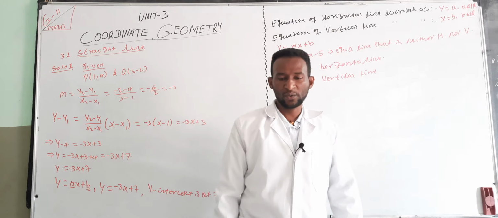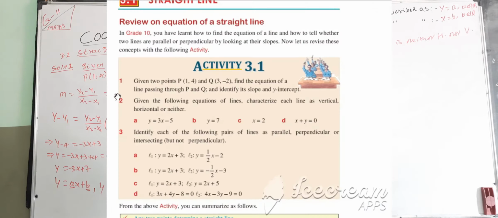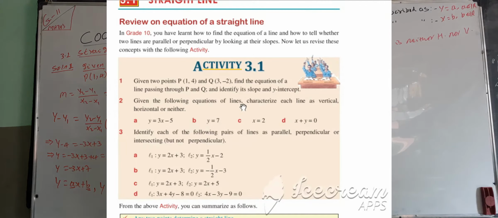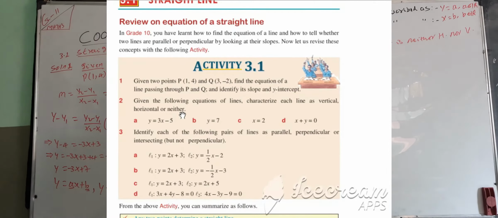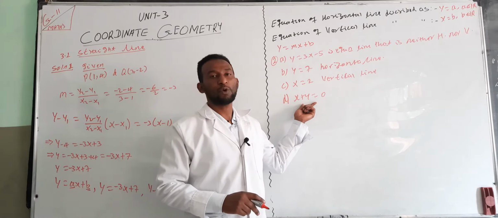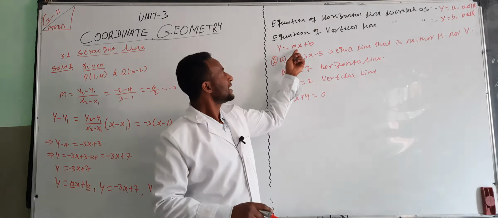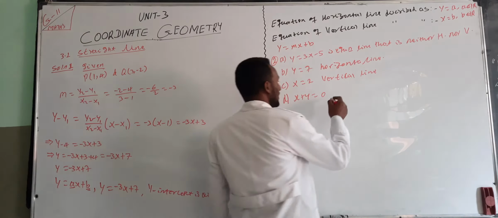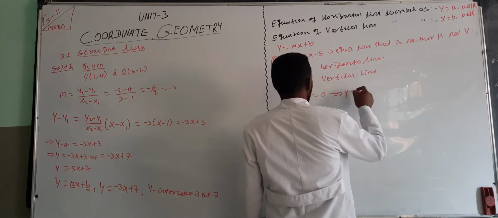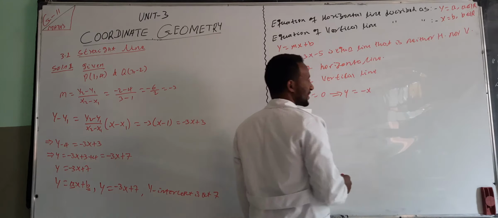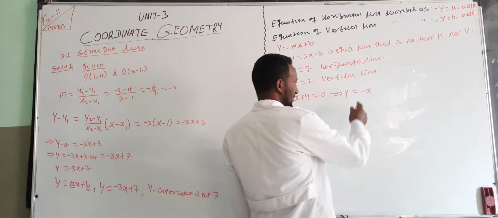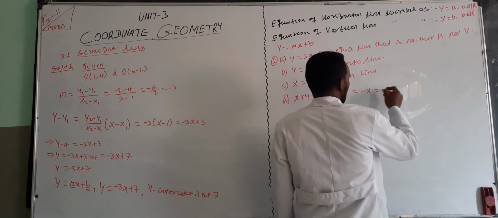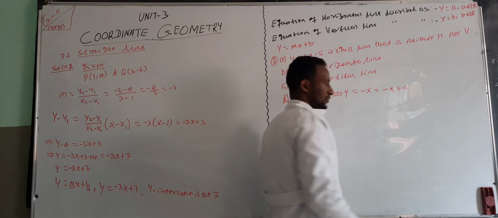And when we see d, expressed as x plus y is equal to 0, when we change this equation into the form y is equal to mx plus b, it becomes y is equal to negative x, which means the same as negative x plus 0.